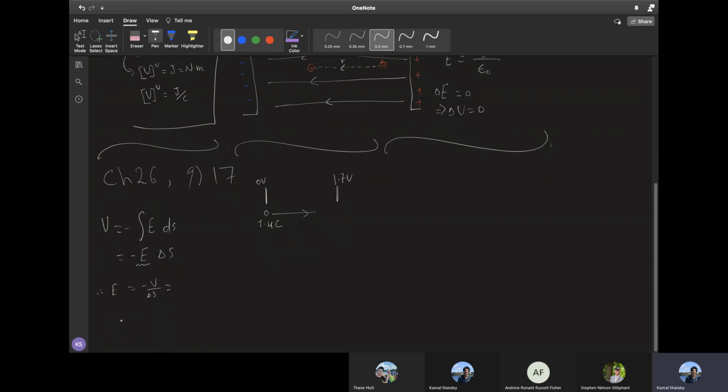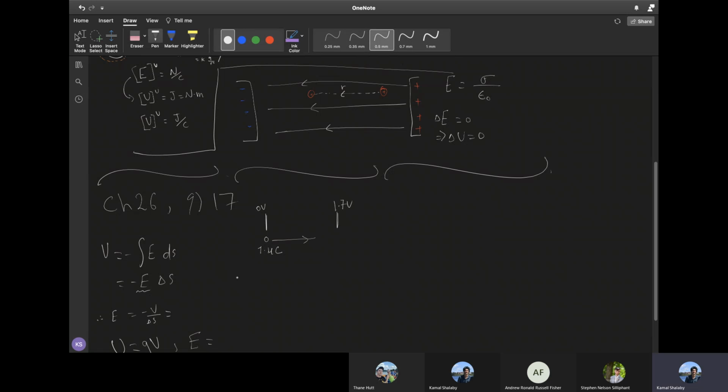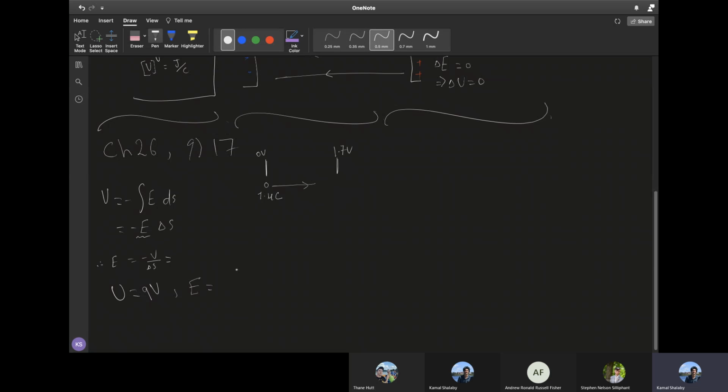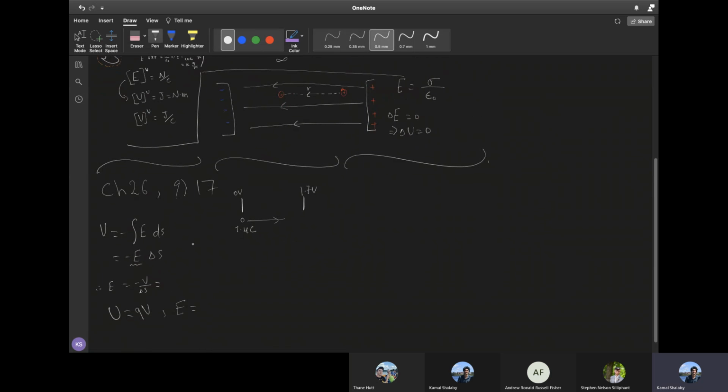Okay, we do know that U is equal to VQ. Also, we do know that E is equal to, in this case, what? E is equal to Vs. That's useless.